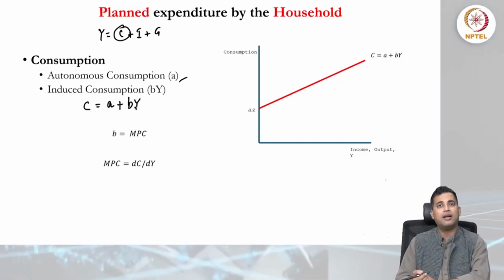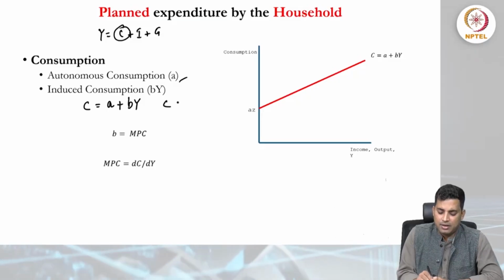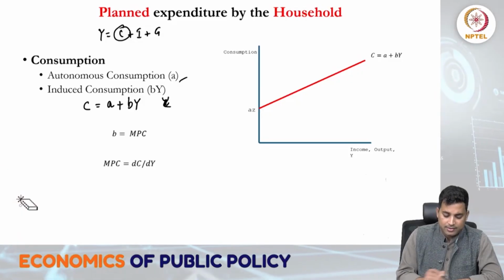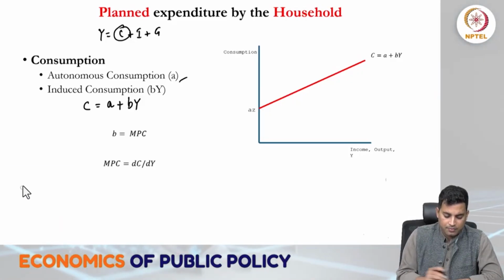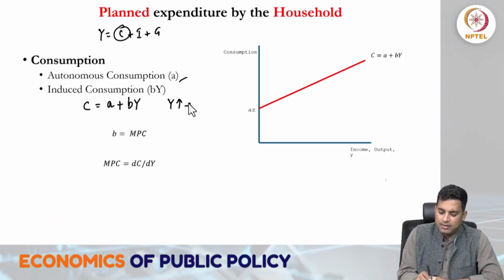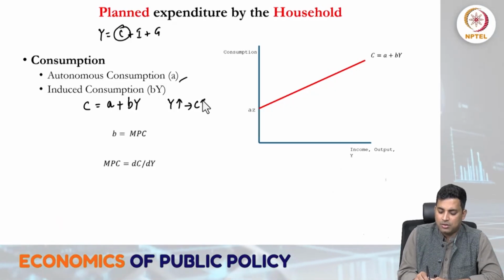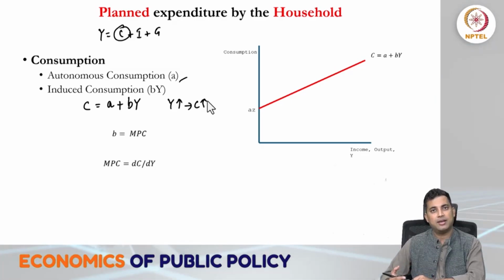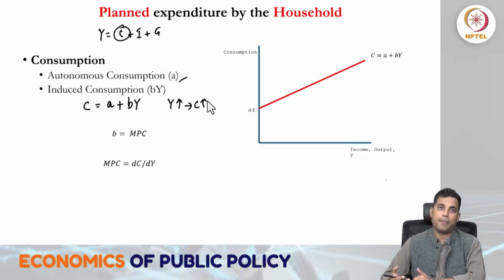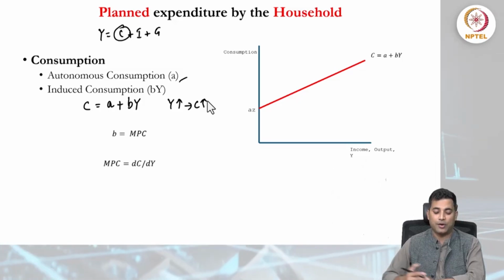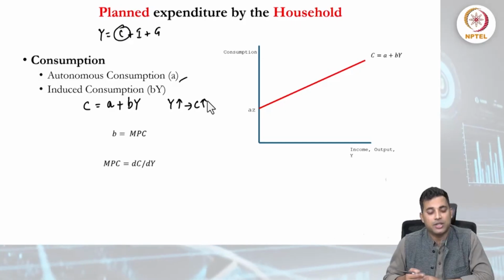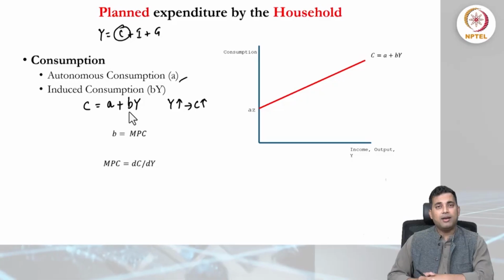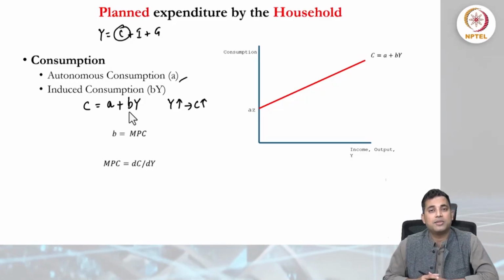It is very clear that if Y increases, consumption will also increase. Here Y is independent, but consumption is dependent on the overall income. And how is it interrelated? It is interrelated through b. So b is referred to as the marginal propensity to consume.